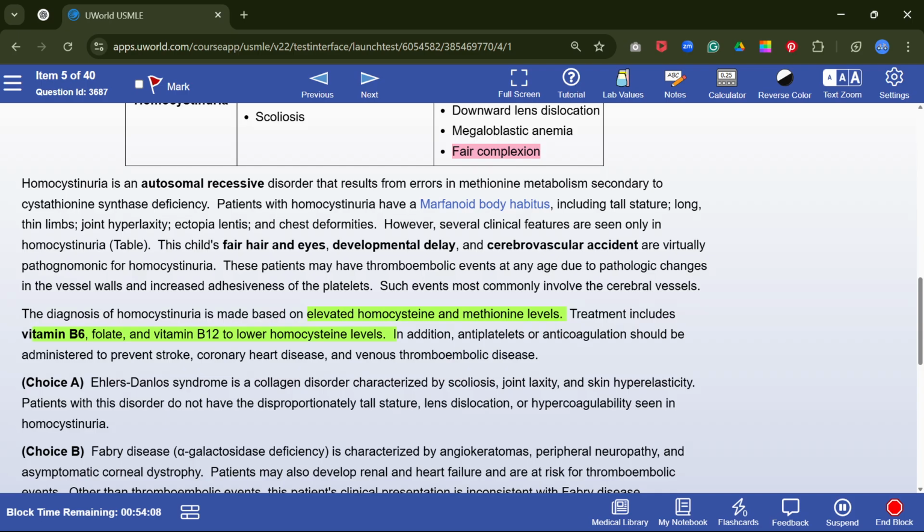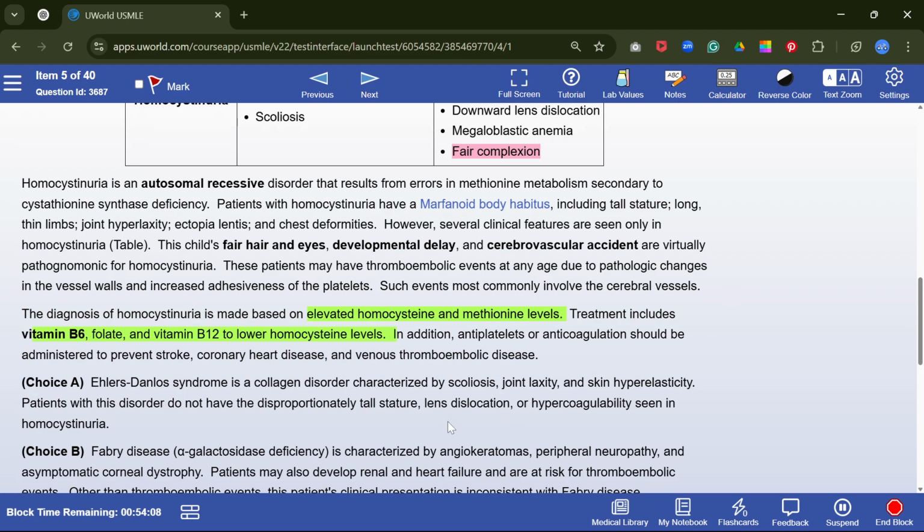Ehlers-Danlos looks like this. Marfan has a fibrillin problem and Ehlers-Danlos is a collagen disorder. There is joint laxity, scoliosis, and skin hyperelasticity is present.